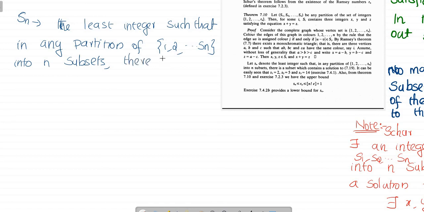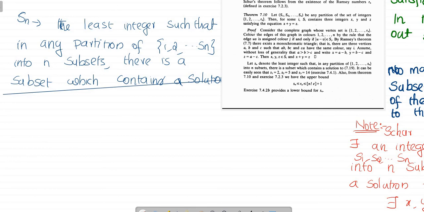there is a subset which contains a solution to the problem 1.